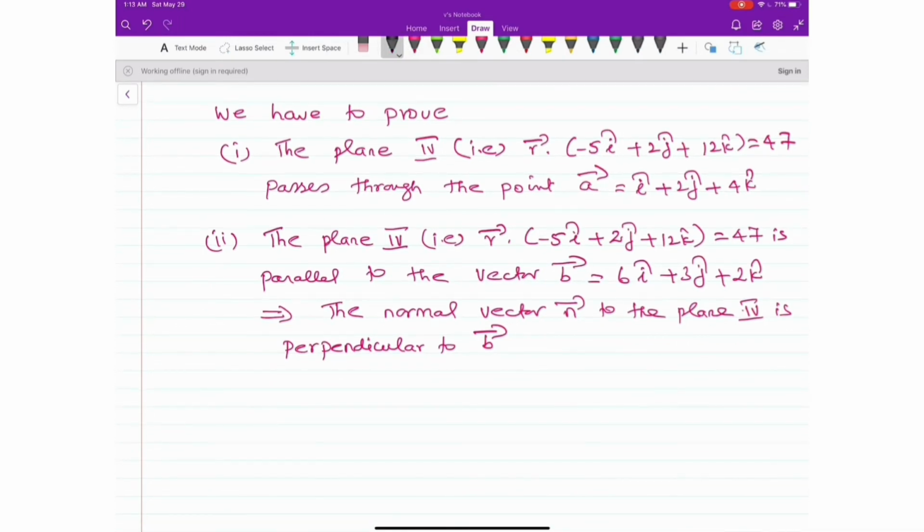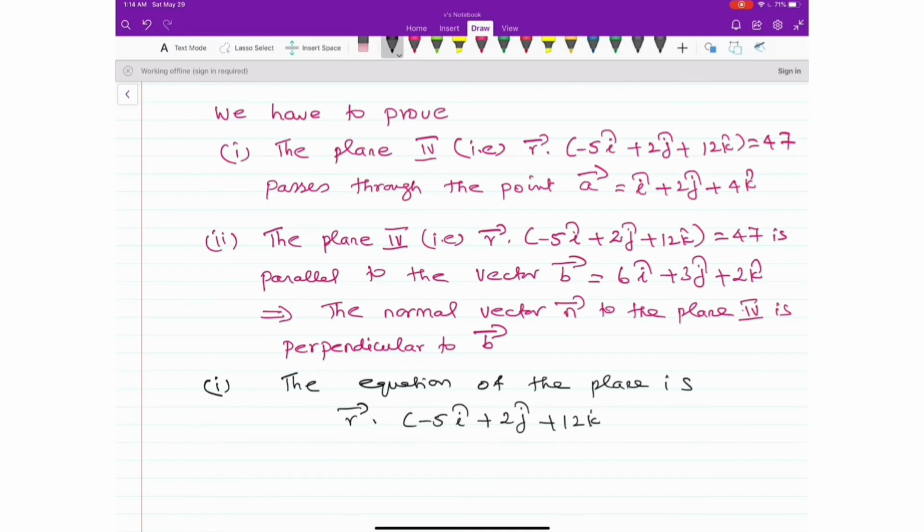The first part. What is the equation of the plane? The equation of the plane is vector r dot minus 5i cap plus 2j cap plus 12k cap is equal to 47.